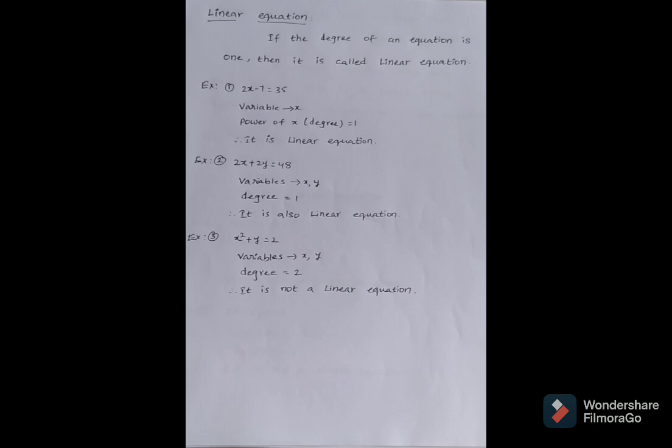Second term y. So power of y equals 1. Highest power is 2. So degree is 2. So it is not a linear equation because here the degree is 2. If the degree of an equation is 1, then it is called a linear equation. But here degree equals 2, so it is not a linear equation.